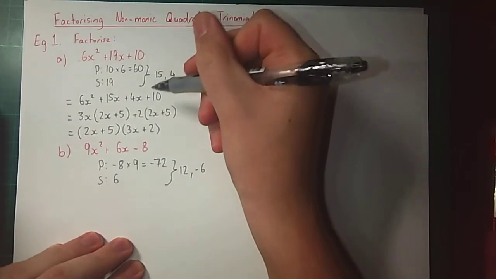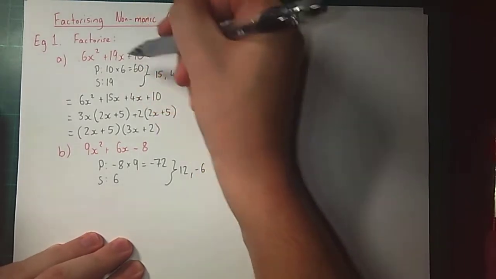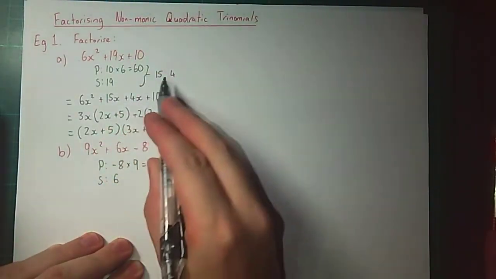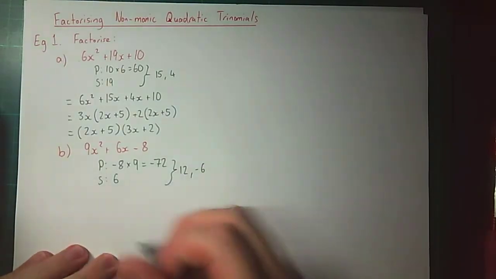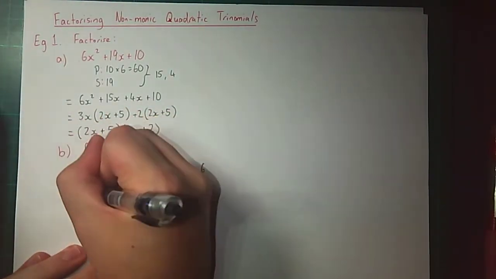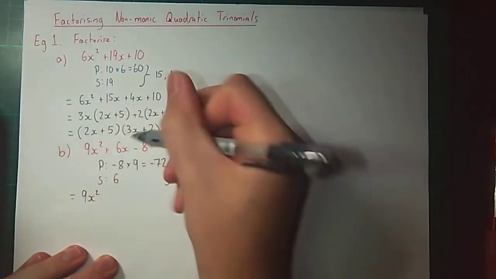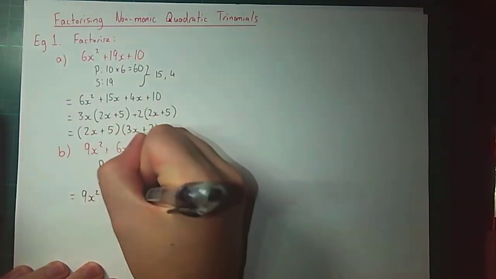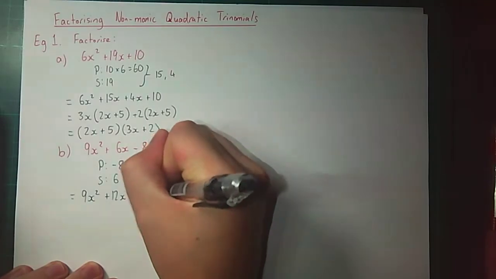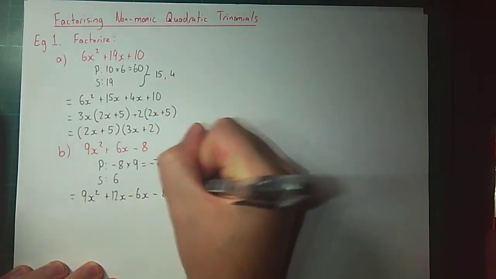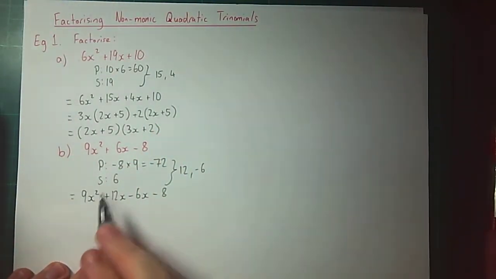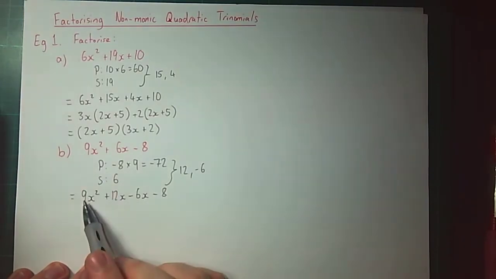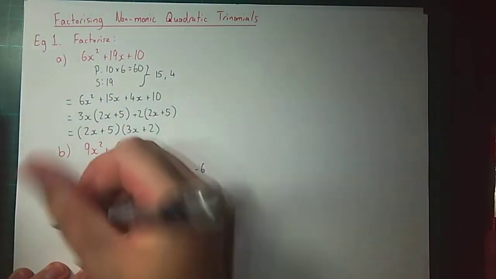So just like up here where we broke up this 19x into 15x and 4x, we're going to do the same thing here. So the first line is 9x squared. I'm going to break up that positive 6x with a positive 12x and a negative 6x, and the negative 8 stays the same. Just like before, we're going to find a common factor with these two first numbers.